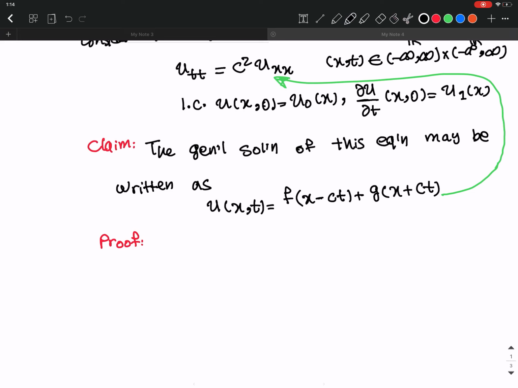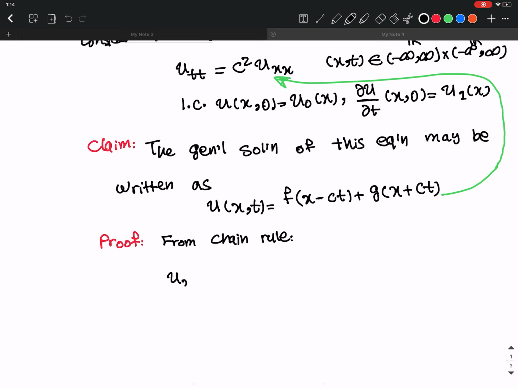So in order to do that, I'm gonna use the chain rule. From the chain rule of differentiation, and this is something you need to remember from your calculus, I'm just gonna write it down.